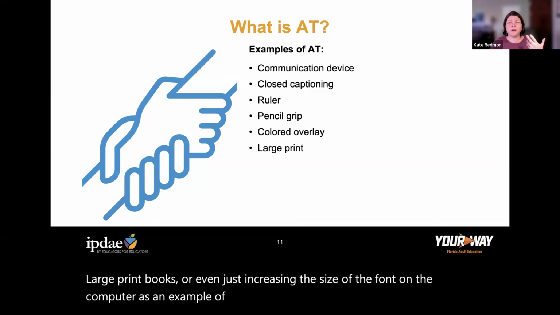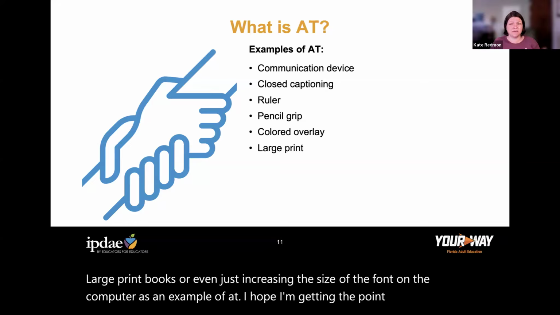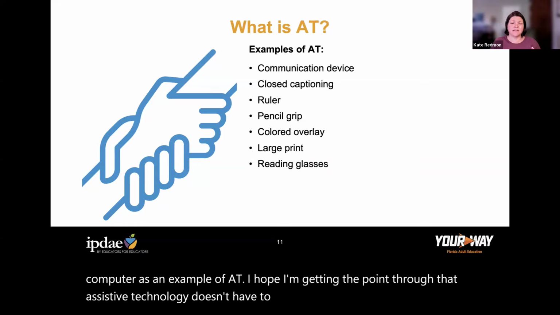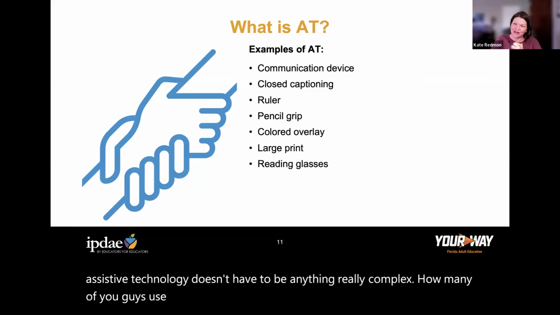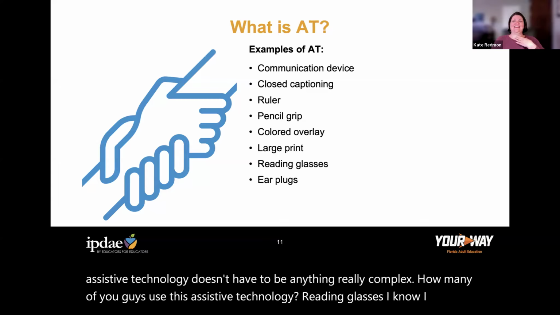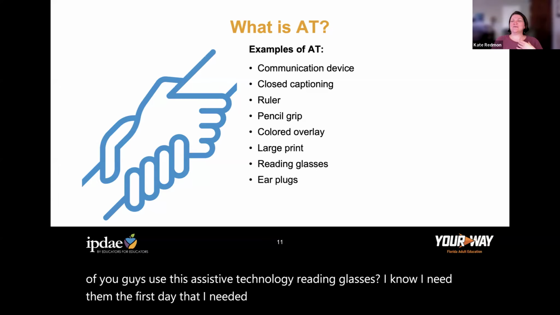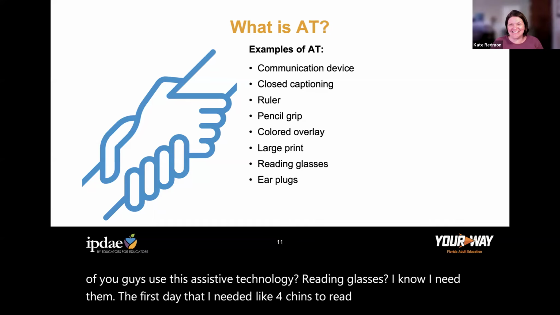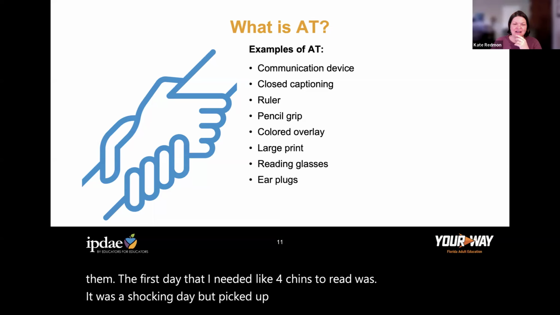I hope I'm getting the point through that assistive technology doesn't have to be anything really complex. How many of you use this assistive technology? Reading glasses. I know I need them. The first day that I needed like four chins to read was a shocking day. But I picked up those reading glasses.